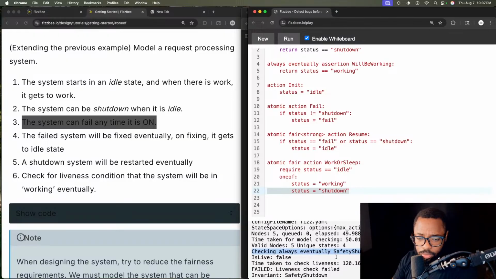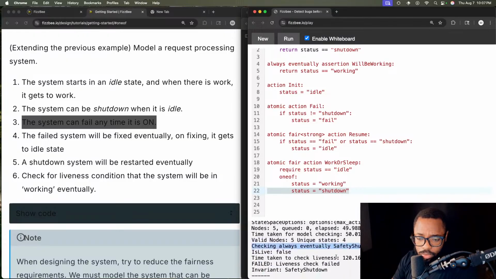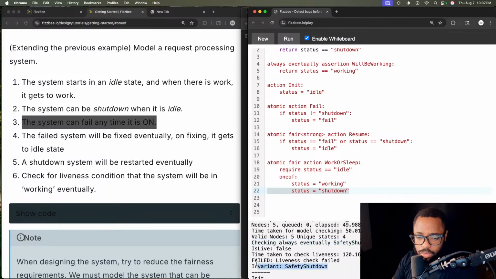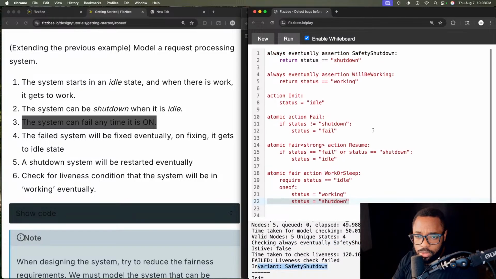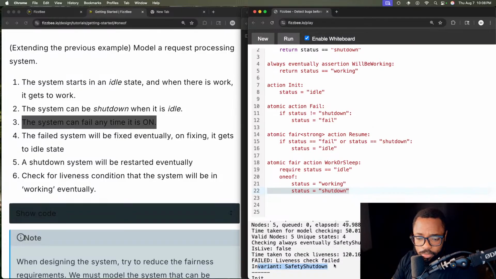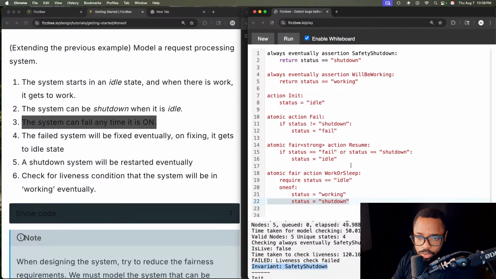Okay, yeah, it's just this one that's failing. For a moment there, I thought it was both. So the idea here, seeing this, tells us that we never actually enter the shutdown state.